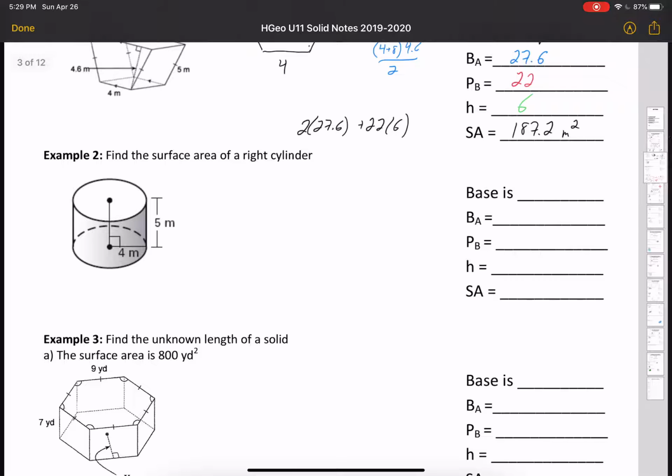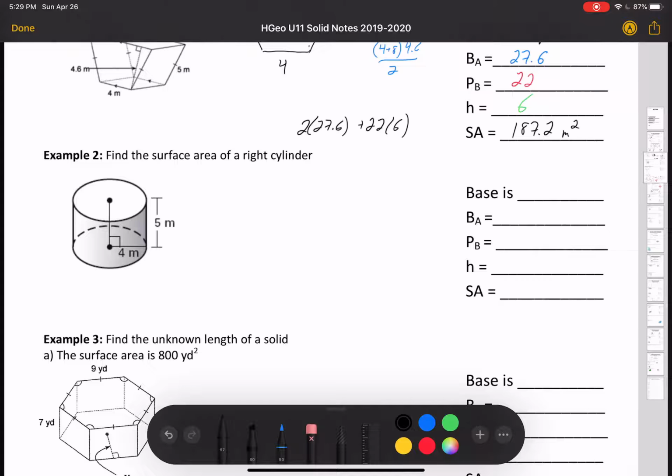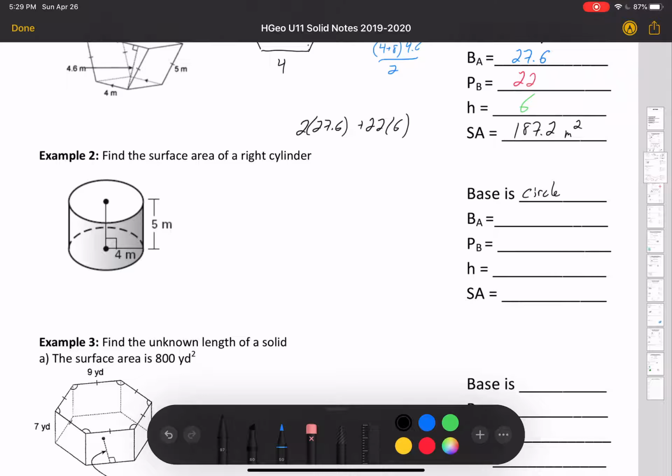So we have a cylinder, and in a cylinder, the base is a circle. So if I draw this circle separately, it has a radius of 4. The area of a circle, remember, area is pi r squared. So that means the area of this circle is 16 pi. The perimeter, also known as the circumference, is 2 pi r. So that is going to give me a perimeter or a circumference of 8 pi. The height connecting the two is 5.